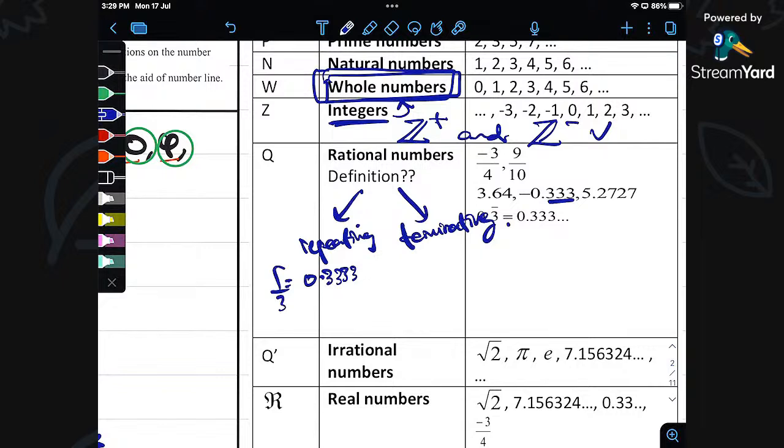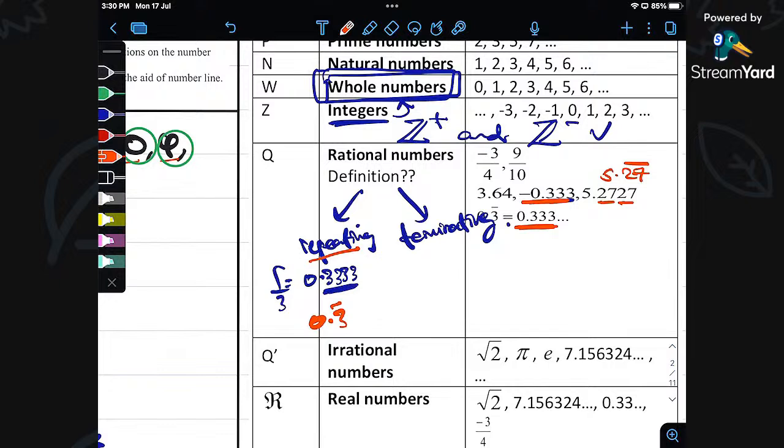You agree with me? 1/3 is actually not ending of 3 after the decimal point. So we call this repeating numbers because it is continuing, tak berhabisan nombor 3 tu. So you can see here, like 5.27, you put a bar above the 27. This has shown you that this is a repeating number already.